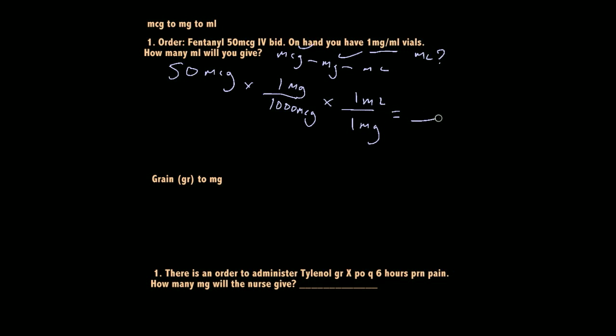Important note here. You're not changing your answer at all by adding this portion of the equation. Whatever this answer ends up being, if you multiply it by 1 or divide it by 1, it's the same answer. However, at least at Cox College, you are required to show all of your work. If you do not show this step, however redundant, tedious, or not needed it is, you will get the question marked wrong.